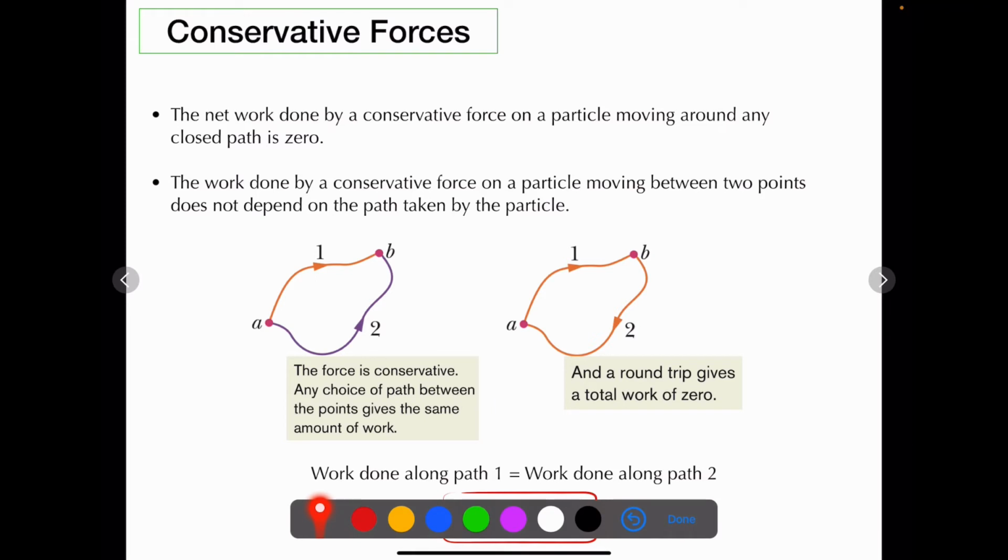And the work done from A to B and back to A will be equal to 0. And the forces that we have studied just before this, the gravitational force and the spring force, both are examples of conservative forces.